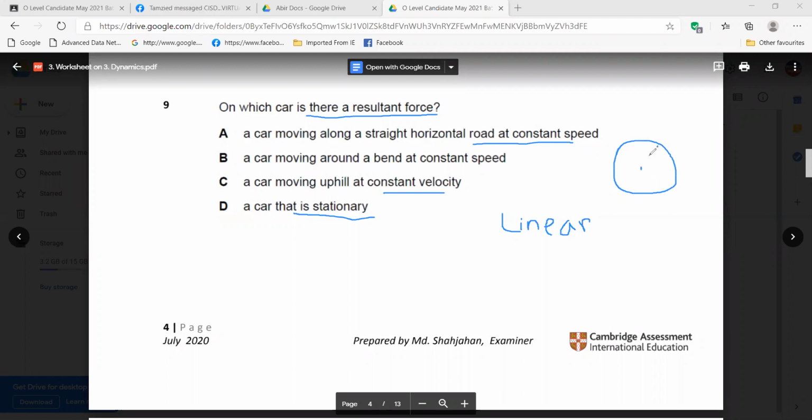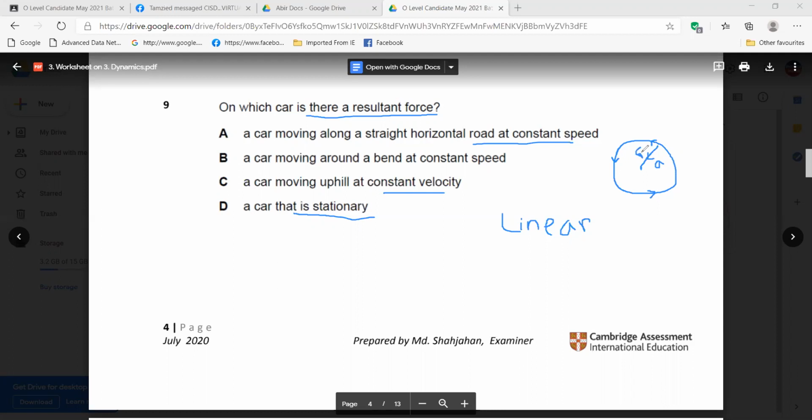And in circular motion, we have a resultant force towards the center of the circle, even if there is constant speed, right? Yes, sir. There is constant speed but the speed is changing direction, right? That's why there is acceleration. So there is acceleration, there is resultant force according to Newton's second law.